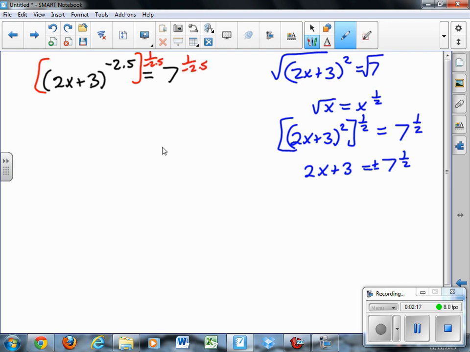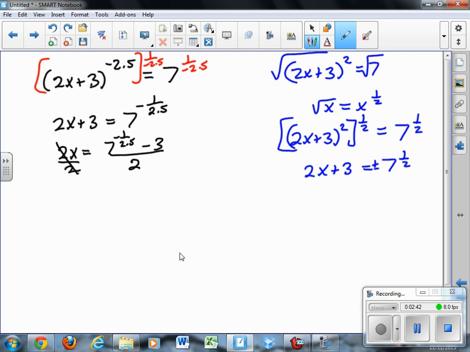So this becomes 2x + 3, and this becomes 7 to the negative 1 over 2.5. Then I would get 2x equals 7^(-1/2.5) minus 3, and then I can divide everything by 2.